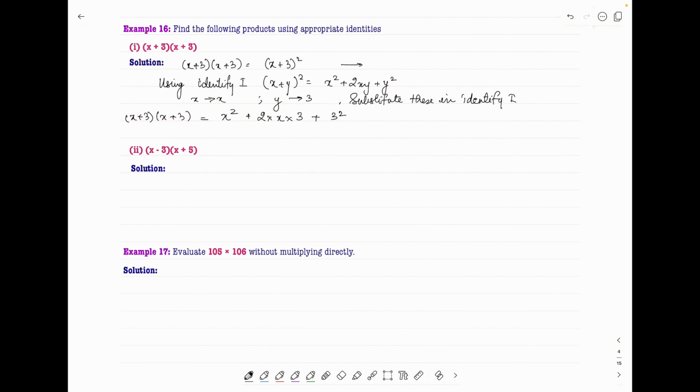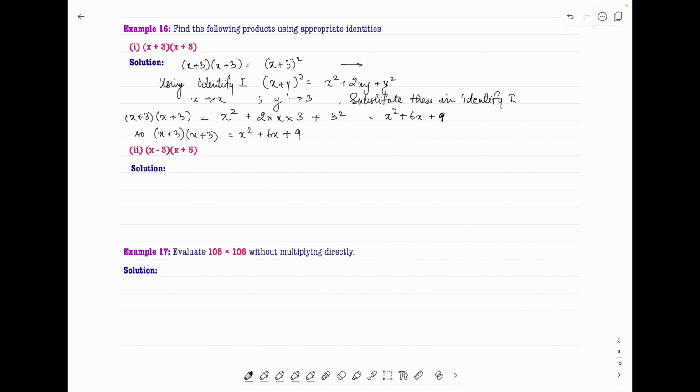So this gives x square plus 6x plus 9, because 2 into 3 is 6, 6 into x is 6x, and 3 square is 9. So x plus 3 into x plus 3 is x square plus 6x plus 9. You solved it without multiplying, using the identity.